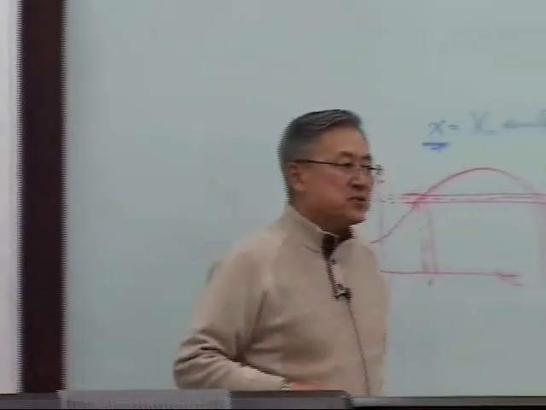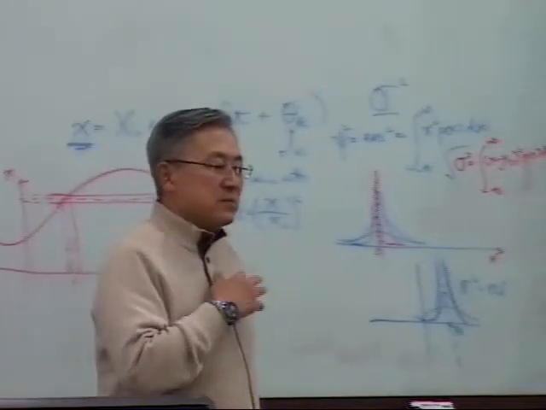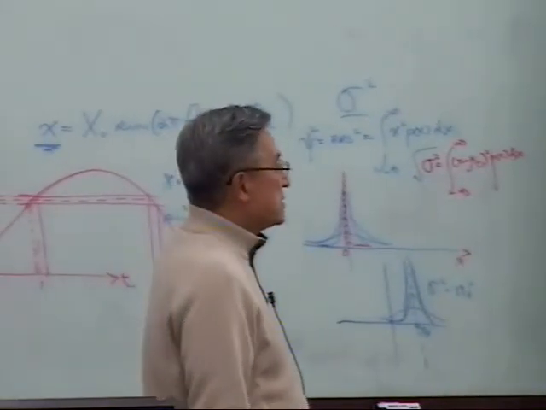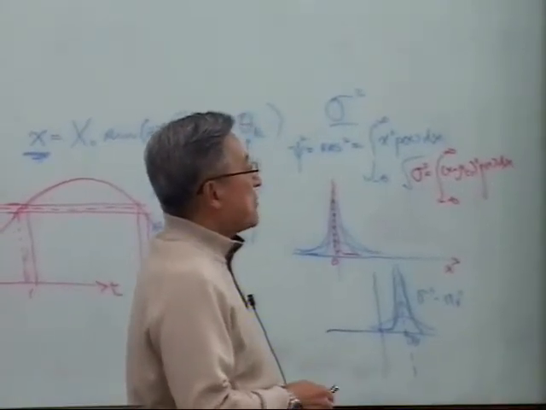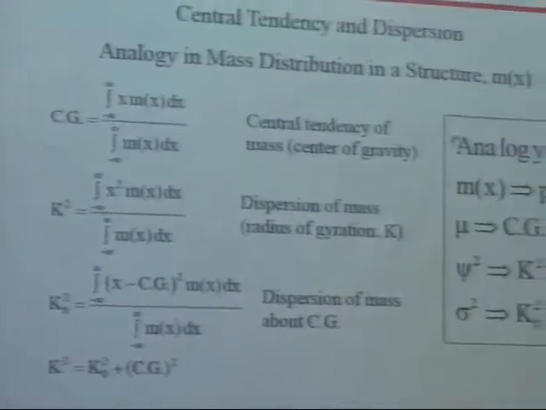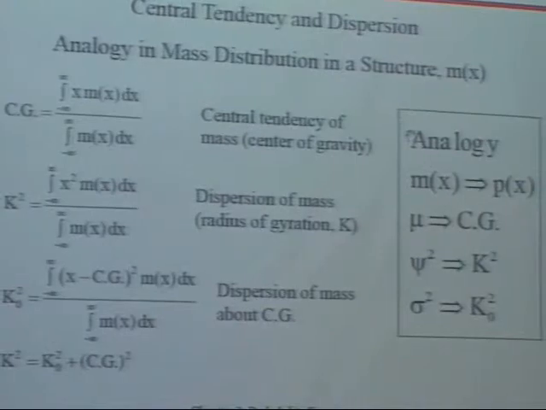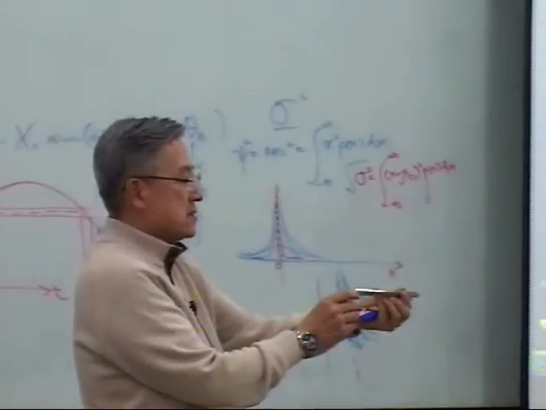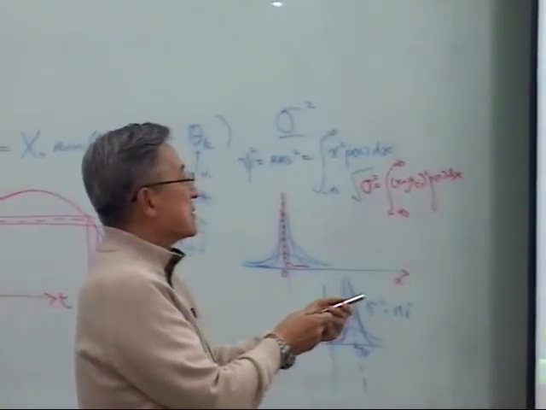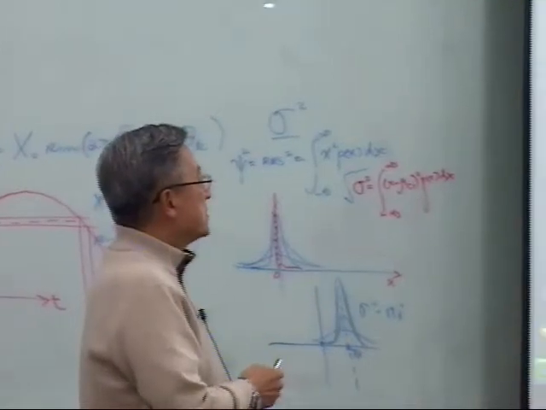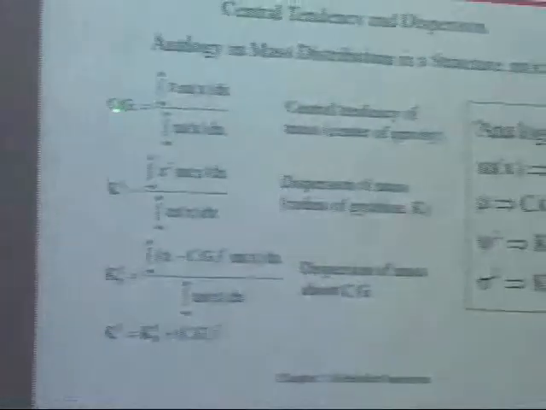I'm going to finish after this. This is the engineering part. The other page was the mathematical definition. This is like an analogy in mass distribution in a structure system, m(x). M is a mass, like a long cylinder, and it's only a function of the length x here. What's the definition of the CG?